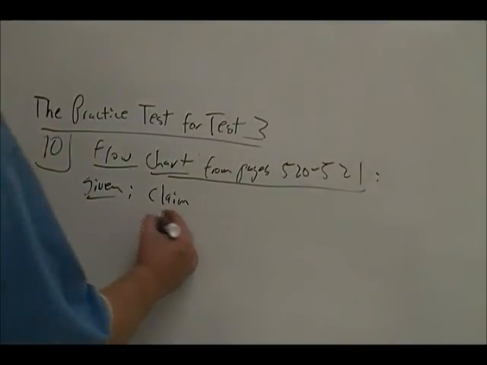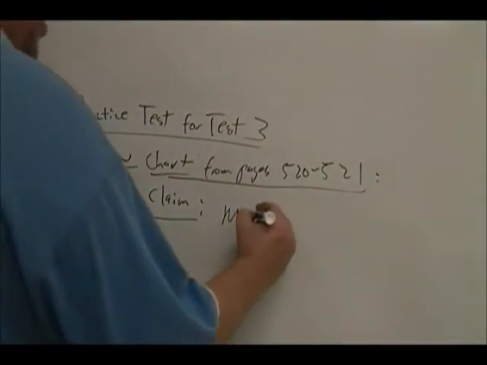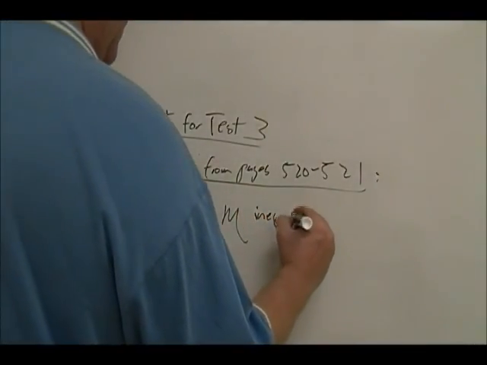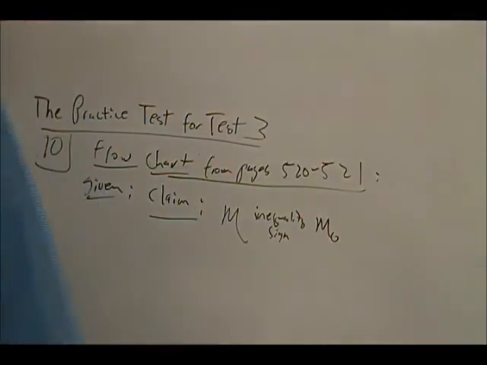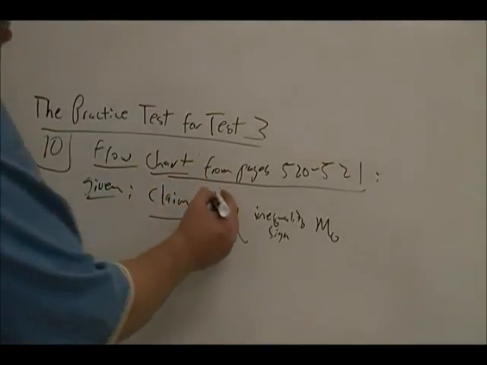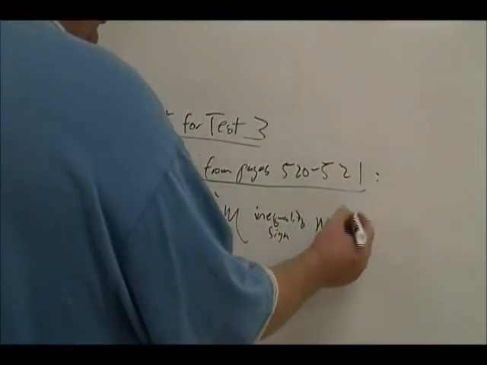I got to write the claim in symbolic language. So I have to write mean, population mean, inequality sign, mu naught for some number. So how do I write that claim in condensed symbolic language where I just say population mean, inequality sign, some number, mu naught?